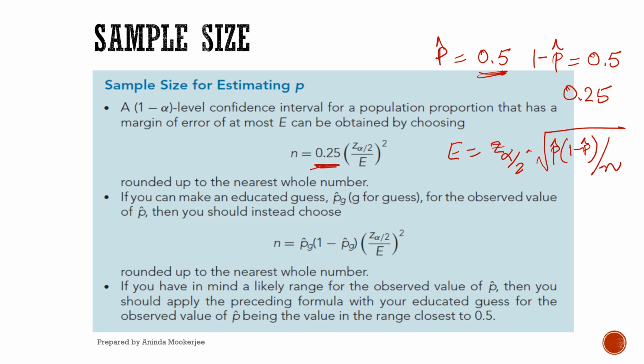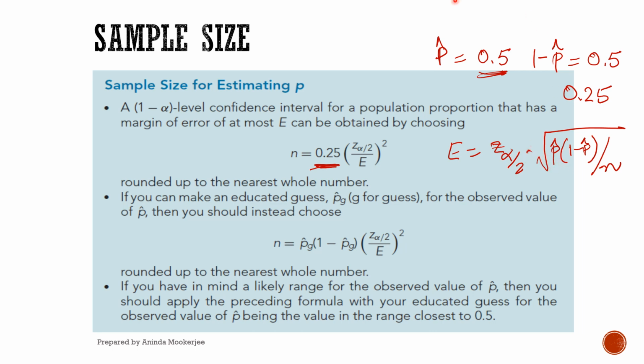If you solve this formula for N, you will come up with this formula for N. The only problem is we do not know what p hat is going to be, because p hat is in the formula, and therefore we have to use an estimated value.